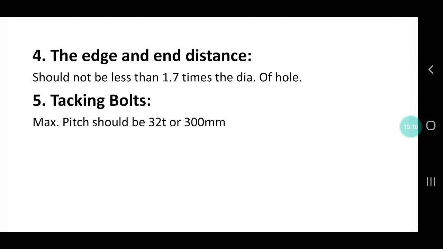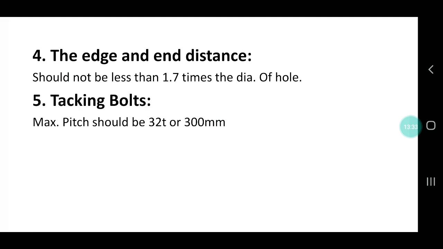The maximum pitch of these bolts should be 32T or 300 mm, whichever is less, where T is the thickness of the thinner plate. If the members are exposed to the weather, the pitch should not exceed 16 times the thickness of the outside plate or 200 mm, whichever is less.